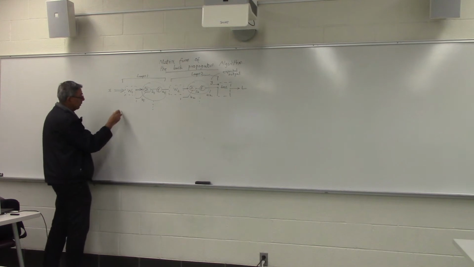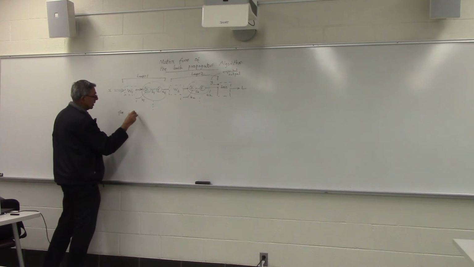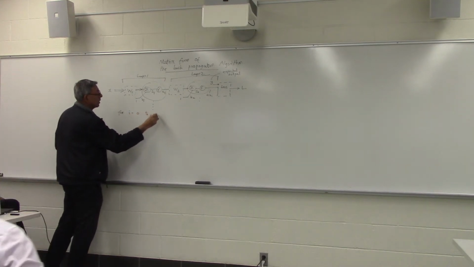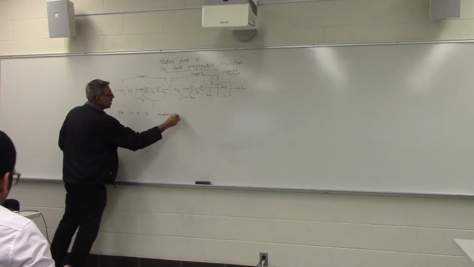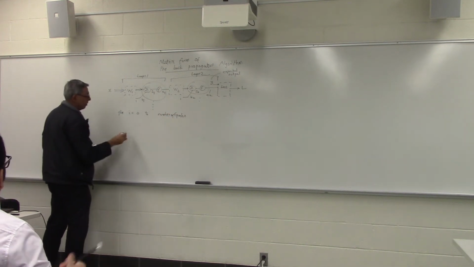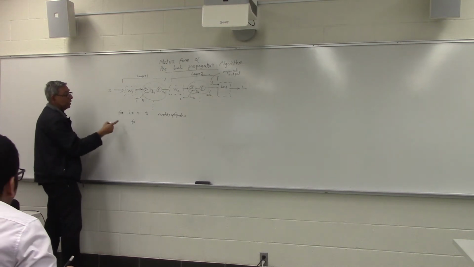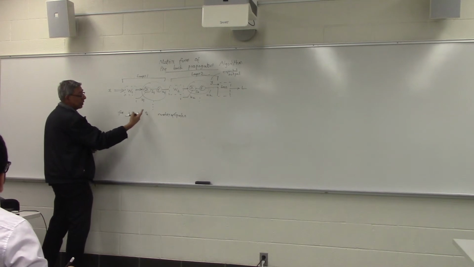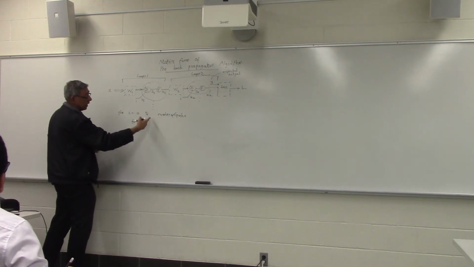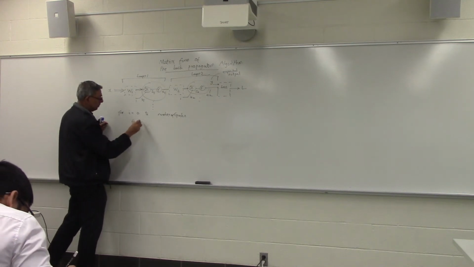Our algorithm will simply go for i equal to 0 to number of epochs. I'm just writing in pseudocode format. If this was Python, you would say for i in range(0, number of epochs).